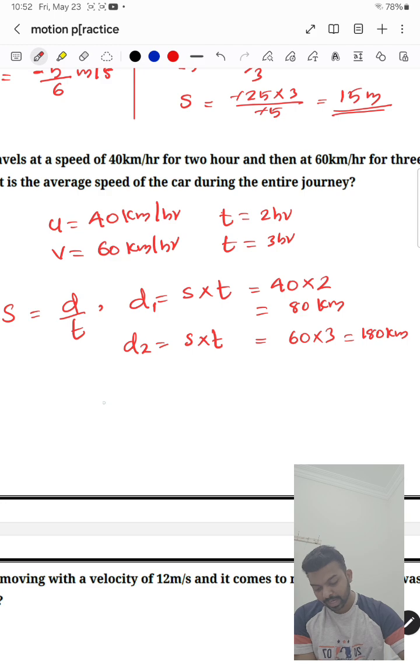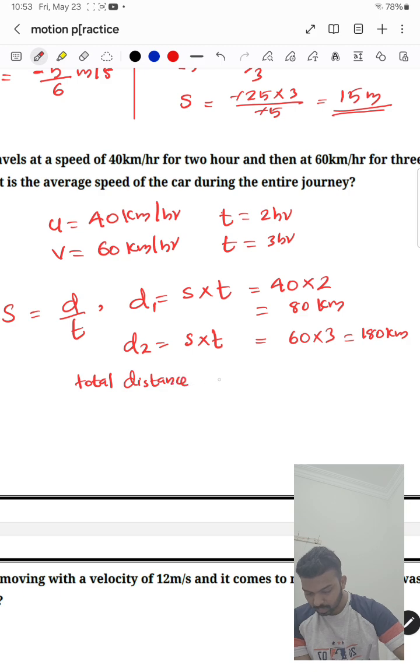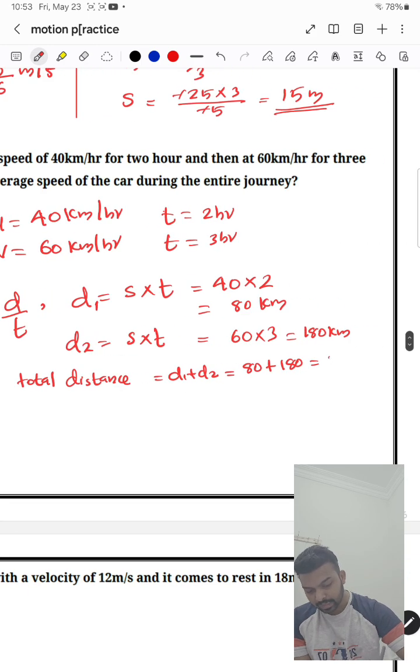So we understood that total distance is equal to d1 plus d2, which is equal to 80 plus 180, which will be 260 kilometers.